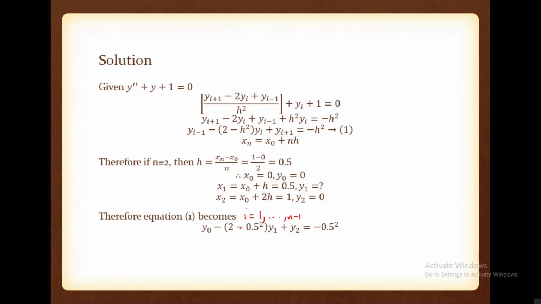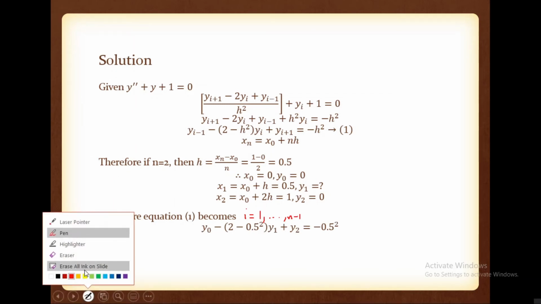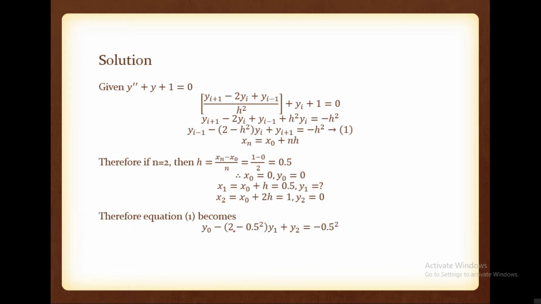So equation number 1 will become y0 minus (2 minus 0.5 square) into y1 plus y2 equal to minus 0.5 square. We already have y0, y0 is 0, y1 is unknown, and y2 is 0. So this equation will become 0 minus (2 minus 0.5 square) into y1 plus 0 equal to minus 0.5 square.